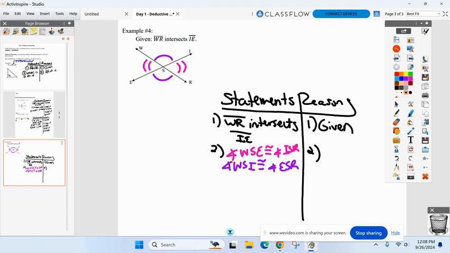One was about vertical angles: vertical angles are congruent. So that's what I want there. Not definition of vertical.